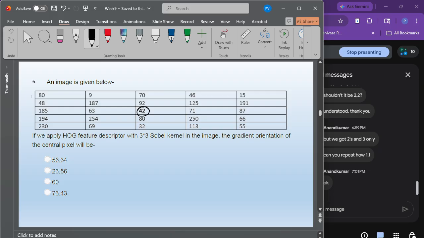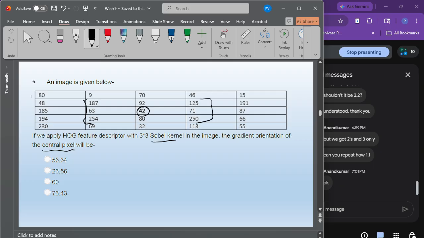Now they are asking to apply a 3 cross 3 Sobel kernel, right? To apply it, we need to find the 3 cross 3 matrix in the given 5 cross 5 matrix. So what are the neighboring pixels? Because we are just focusing on the central pixel.